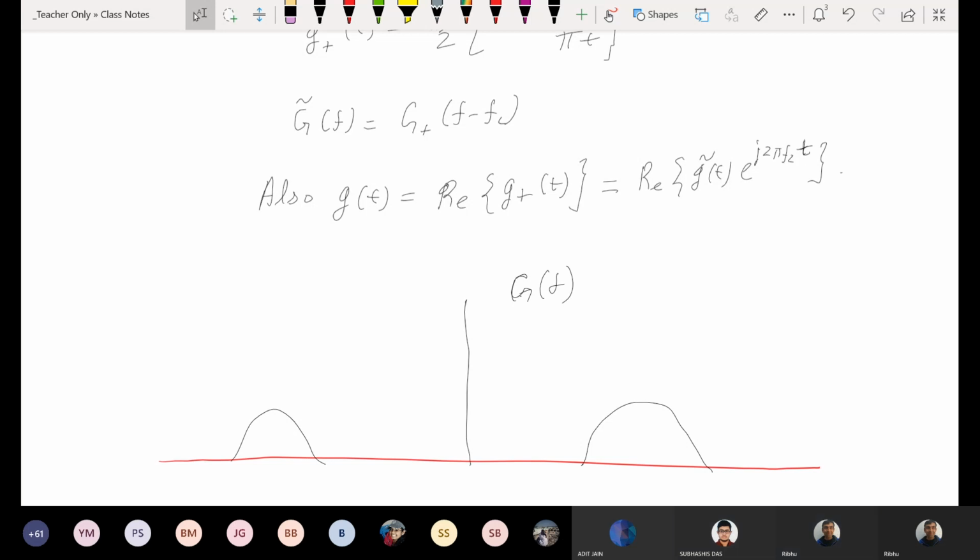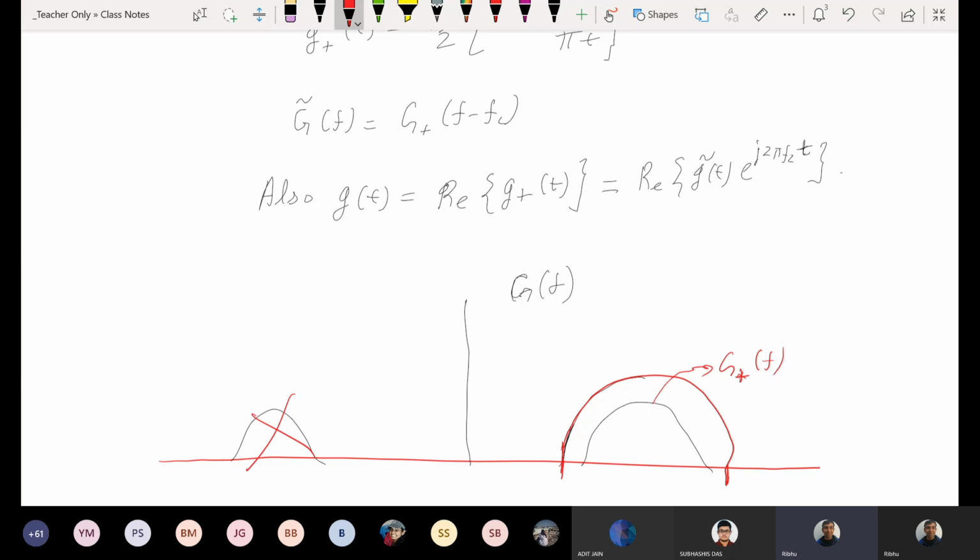Now G, if I consider only the part covered by red, this is G plus F, fine. This gets deleted.